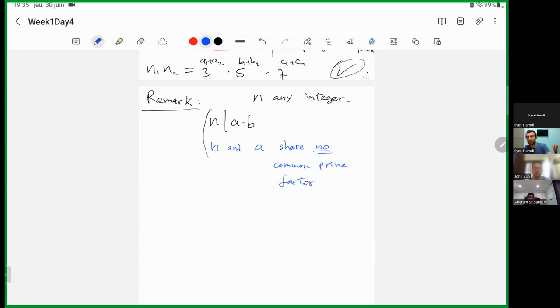Okay, so I've added this condition. So somehow we know that n and a share no common prime factor. Now my question is, what can you conclude? What do you guys think?